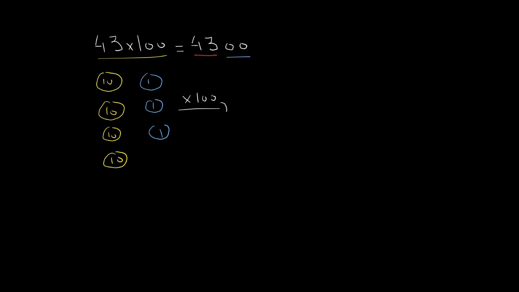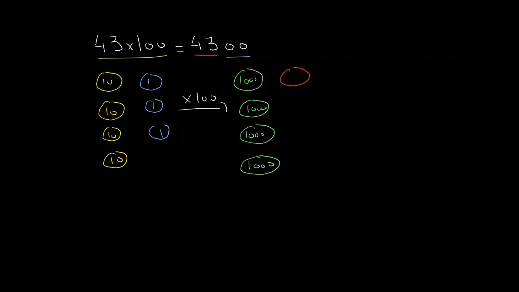So each disc of 10 will get converted to 1,000, and you'll have 4,000 denomination discs, and the ones will get converted into hundreds. So you'll have 100, 100, 100. So these will be 4,300. Either way works. I won't repeat the same idea because it's so similar.